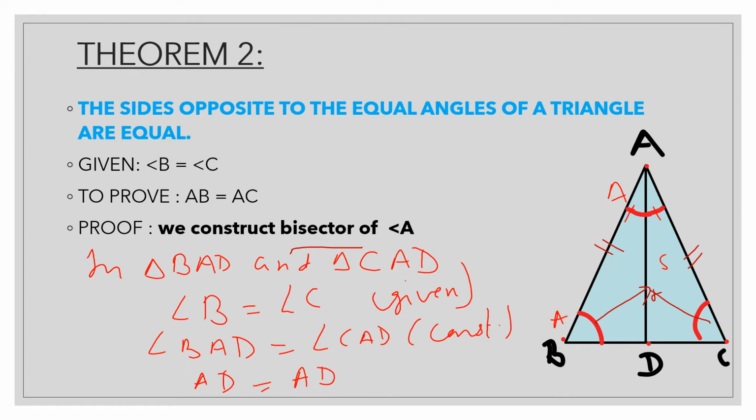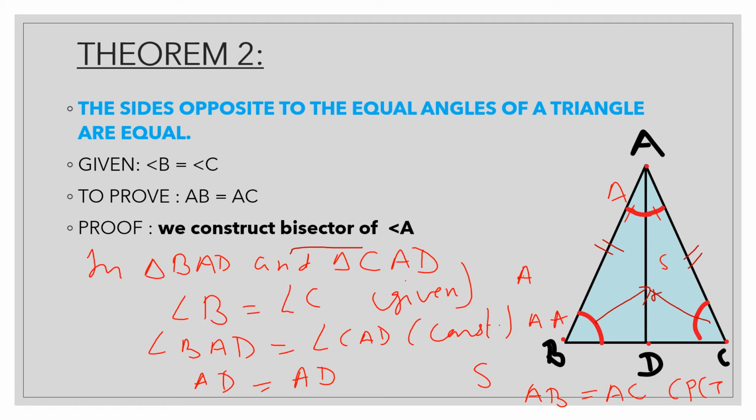So by angle side congruency, we can write down that these two triangles are congruent and hence AB is equal to AC by CPCT. I hope both the theorems are clear to you.